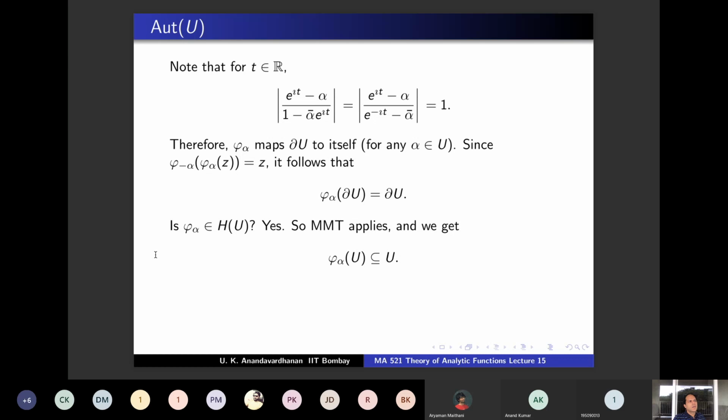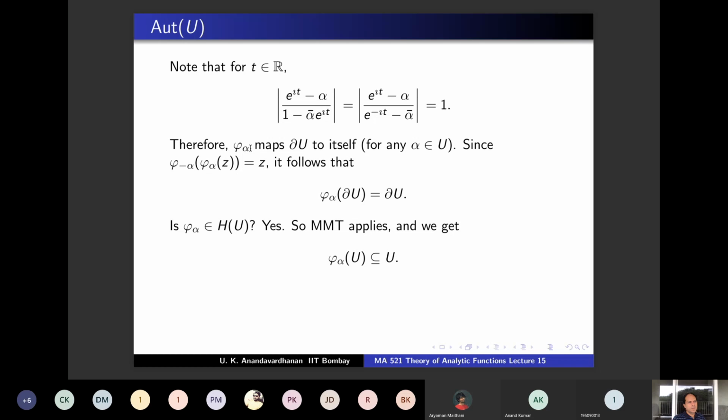You know that phi alpha maps boundary of U to itself. So the modulus of phi alpha on the boundary is equal to 1. On the boundary, the value is 1. Therefore, in the interior, the value has to be strictly less than 1. Right? What does MMT say?